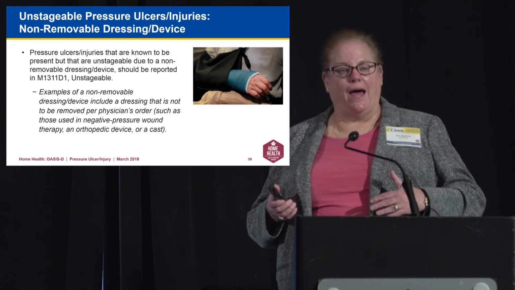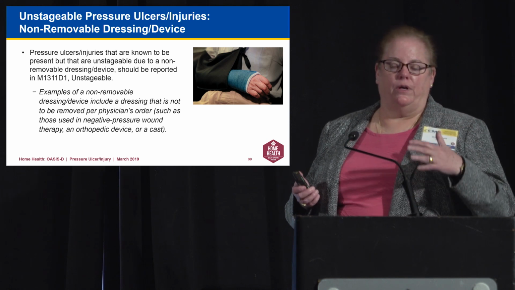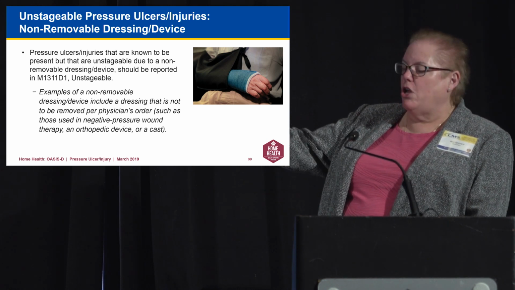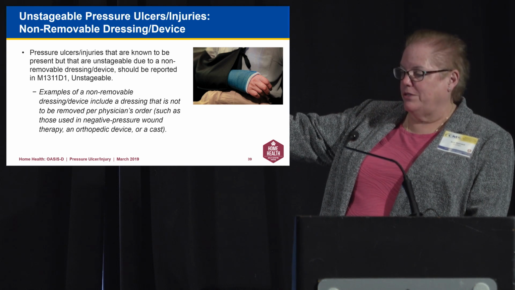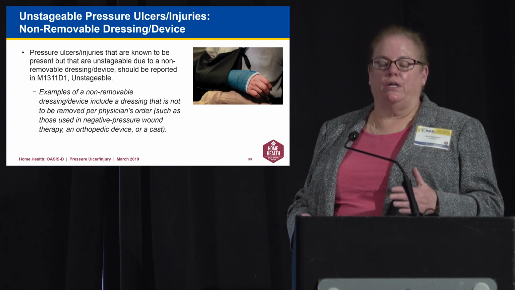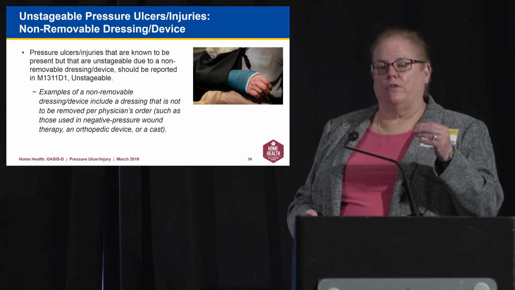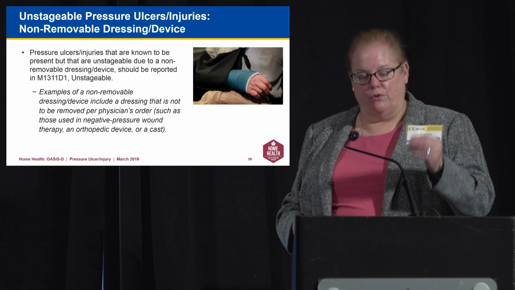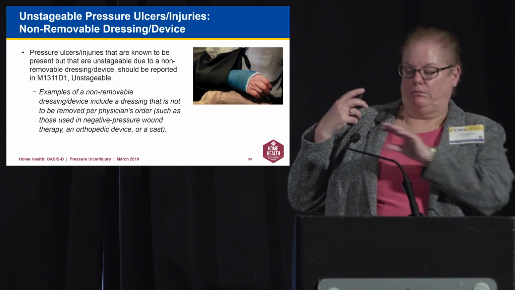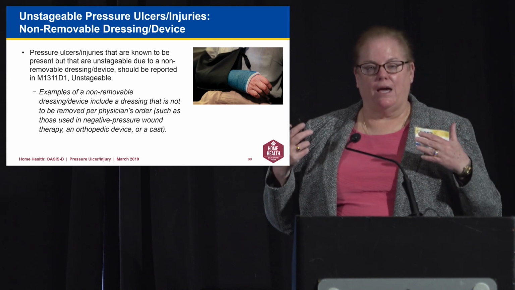If you have a cast or some sort of a dressing that you can't remove, you need to know that there's an ulcer underneath it to code this, right? So there should be some sort of communication or documentation that they had a pressure ulcer or injury under that, and you just can't observe it with your eyes because you can't remove that dressing at that time.